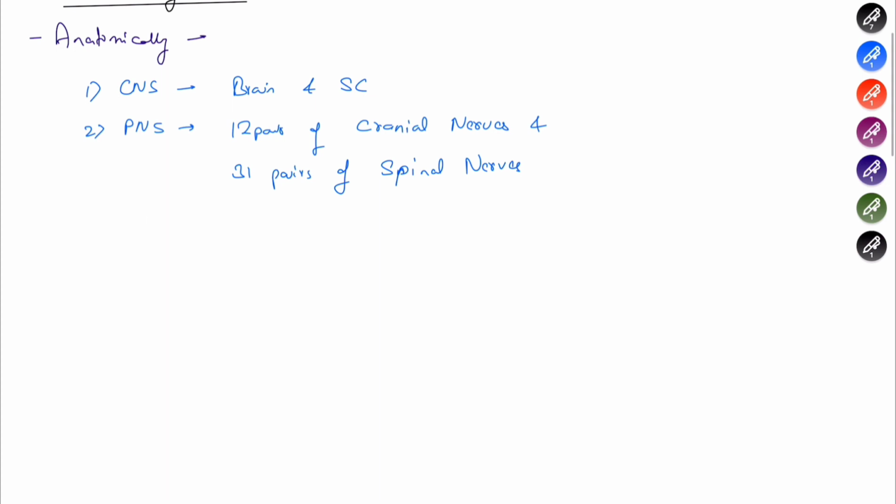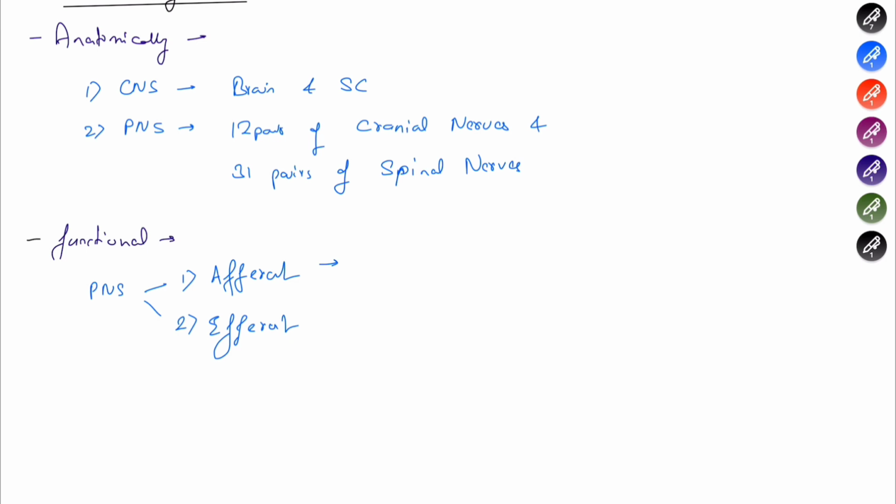Second, we divide nervous system according to its function. Functional division. Functionally, only PNS is divided into afferent and efferent. Functionally, afferent function and efferent function.